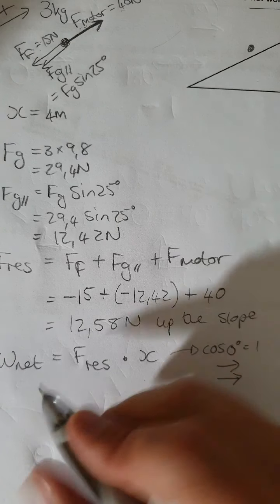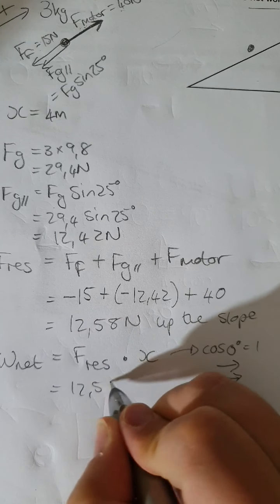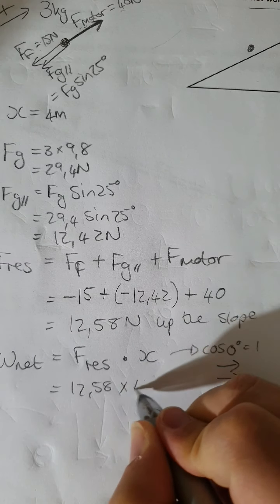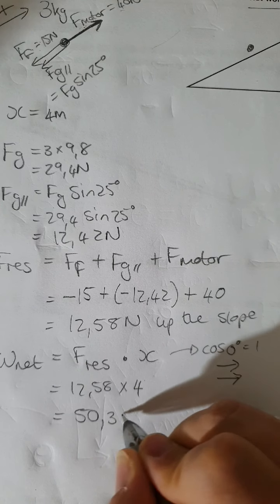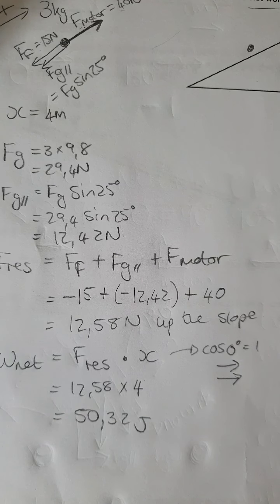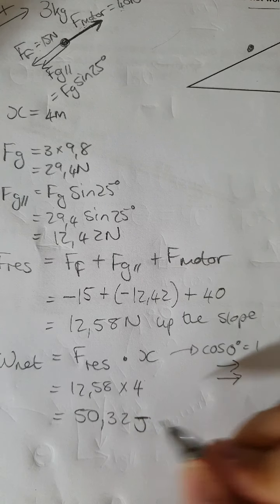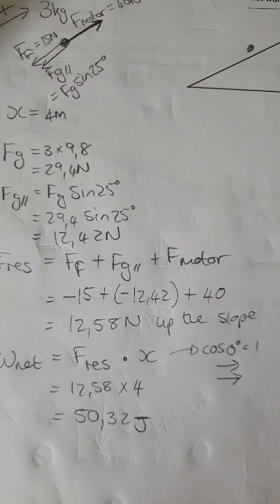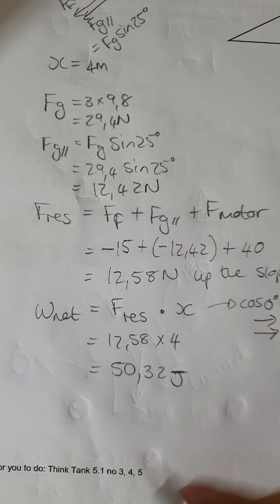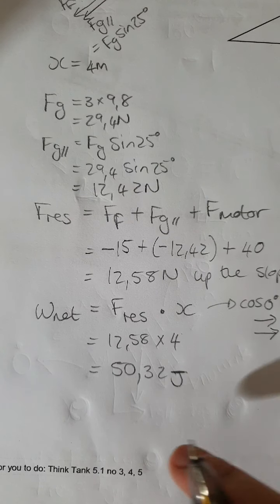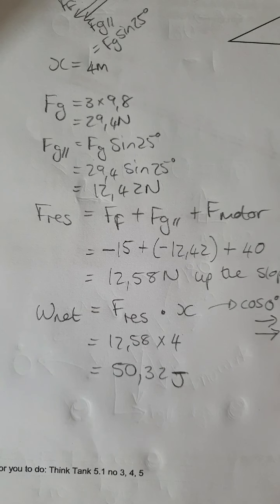Then that's going to be 12,58 times 4 meters, and we land up with 50,32 joules, and that's the answer that's on the page. You don't have to write up the slope. If you do need to interpret something, you can: it's energy given to the remote control, work done by the motor on the car, giving the car energy.